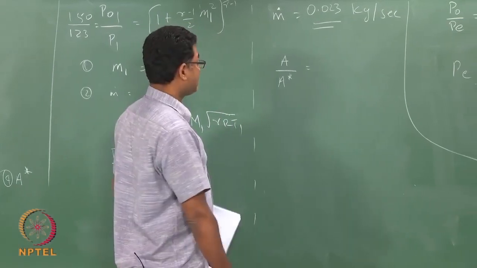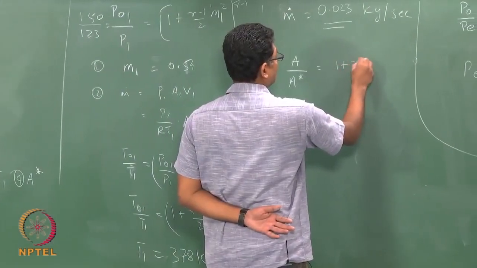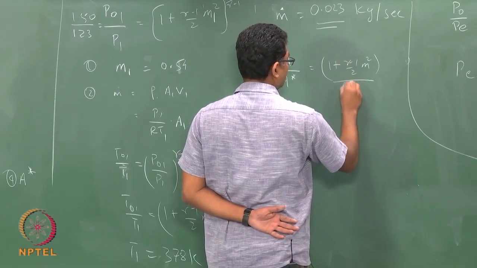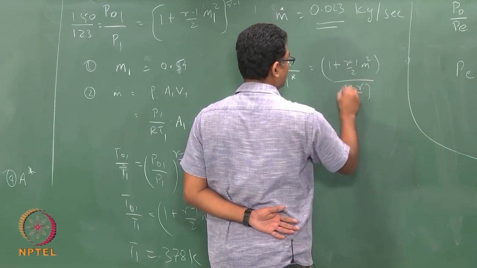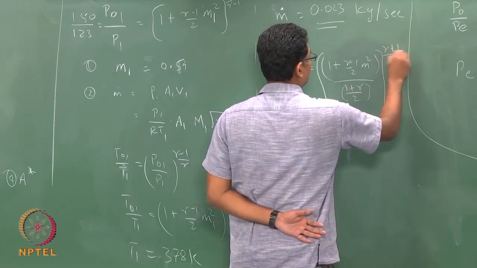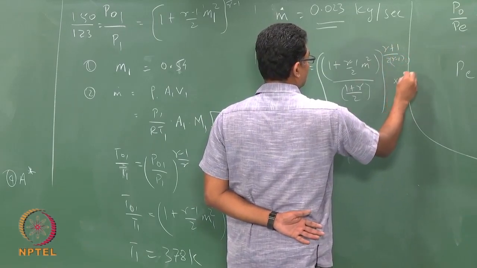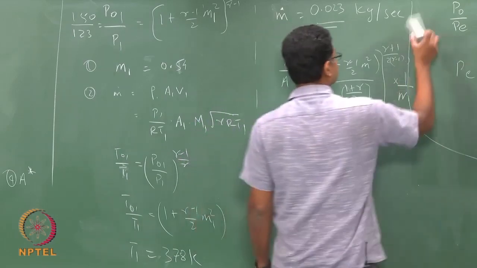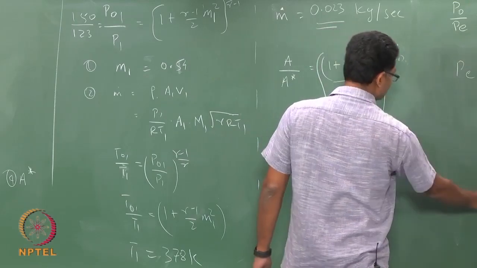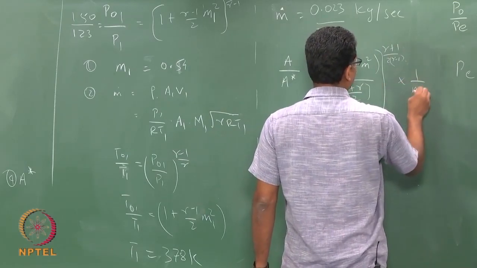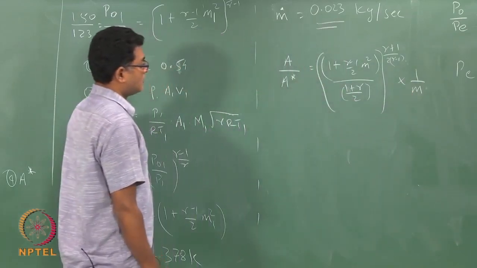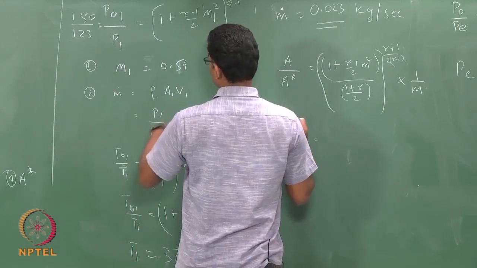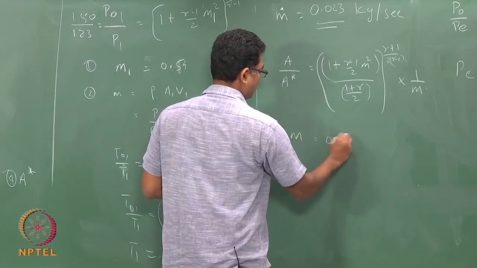So, A by A star relation in terms of Mach number is... So, now I know M is 0.54.